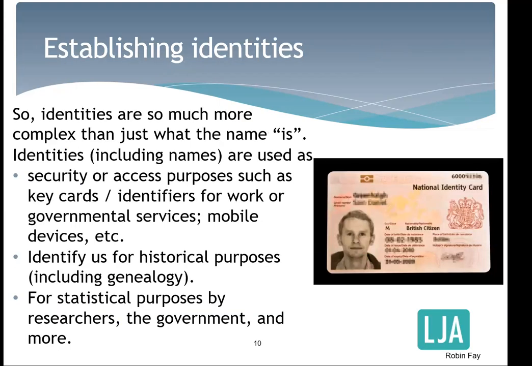So, identities are so much more complex besides just what the name is. Certainly, historically, we just took the person at their word. What they said their name was is what got written down in the census, or in the documentation, or in the marriage certificate. We just kind of took it at that. But we use identities, especially these days, for so many different things.